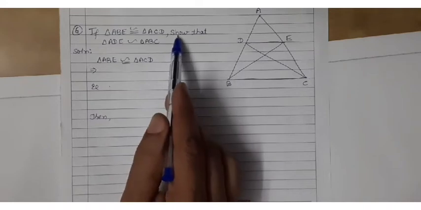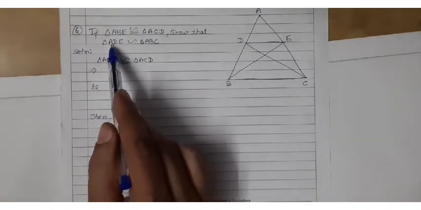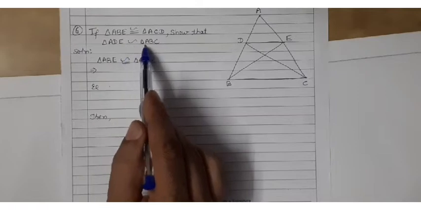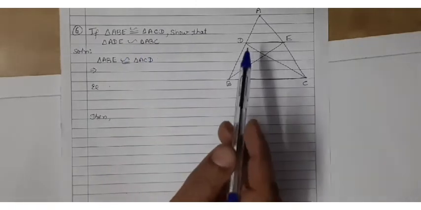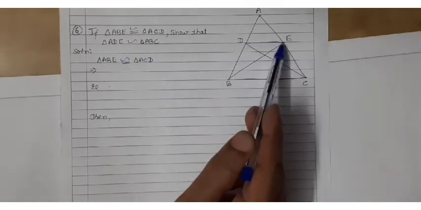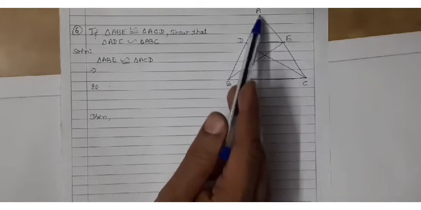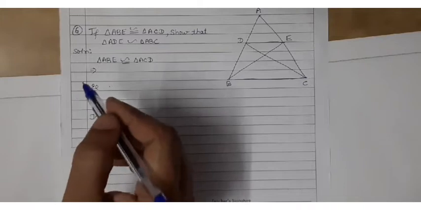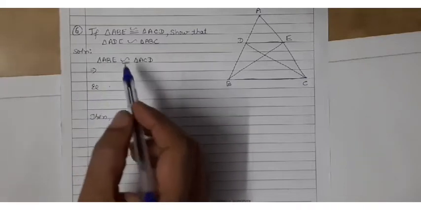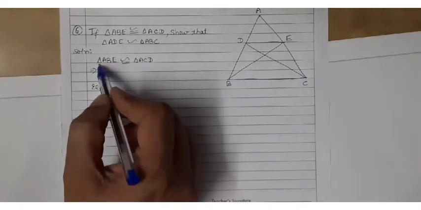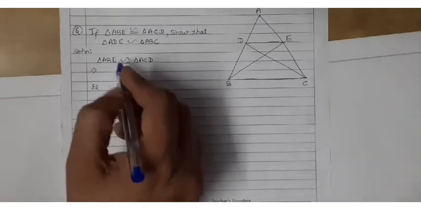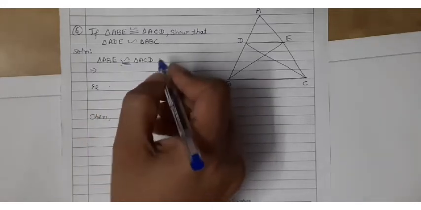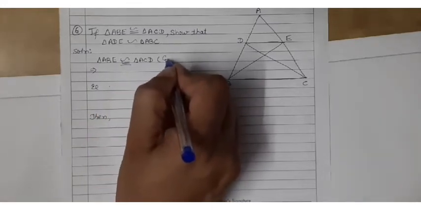Then what you have to show? Triangle ADE is similar to triangle ABC. This you have to show. What is given to you? These two triangles, triangle ABE is congruent to triangle ACD. This is given here.